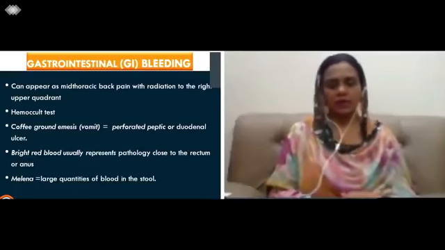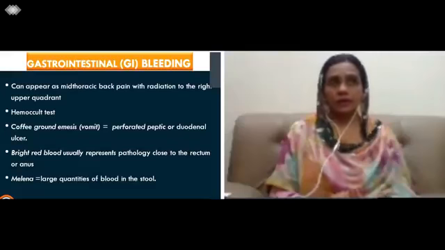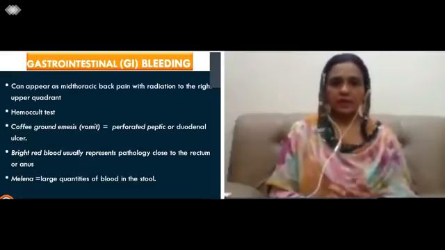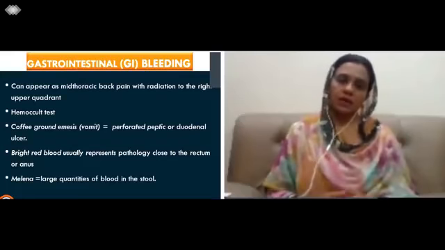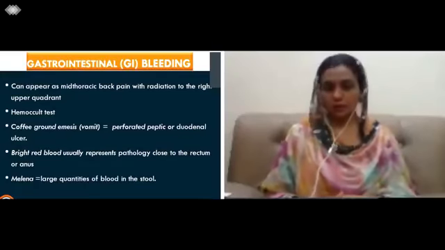Most of the time it is hemorrhoids, or it can be an anal fissure, but in the worst case scenario, this can be some kind of tumor or colon cancer. So bright red blood shows that the blood is fresh, and it shows that the lower part of your GIT, like the rectum or anus, is involved.